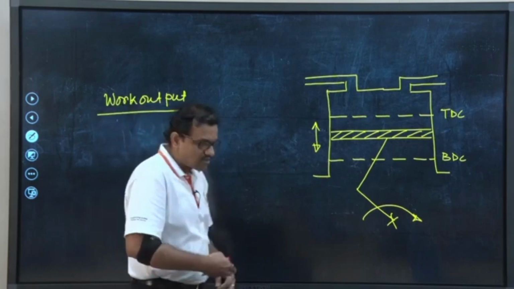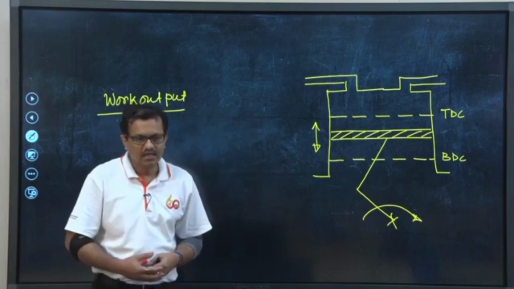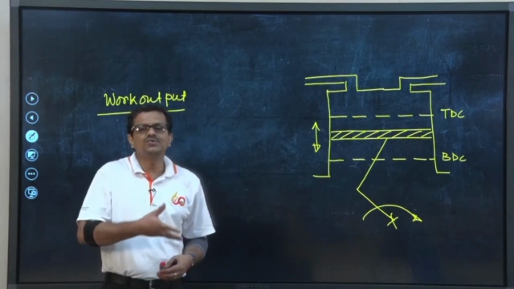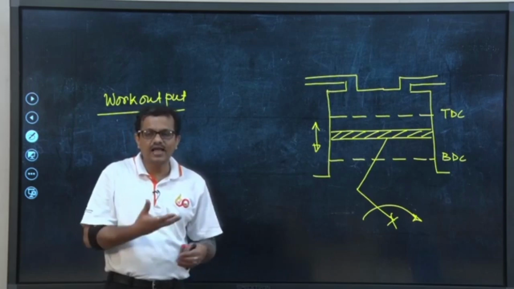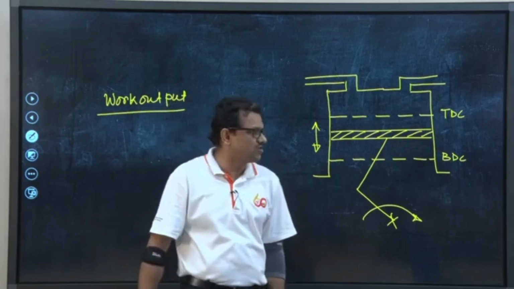Now, we know the work is basically the force which is acting through a certain distance. If we can calculate that, then we can get the expression of the work output.